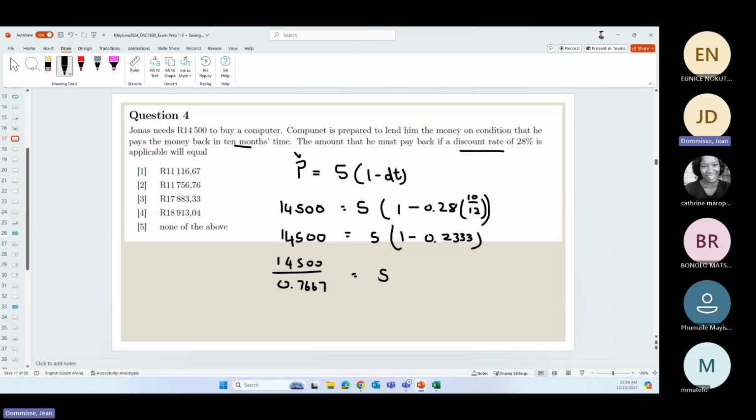If we do that, I get a value of 18,913.04. Okay, so very important, for a discount you need to have a negative, so minus.